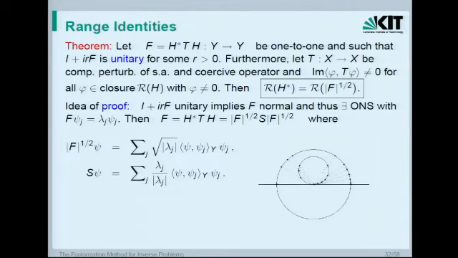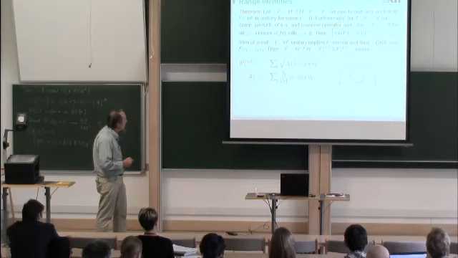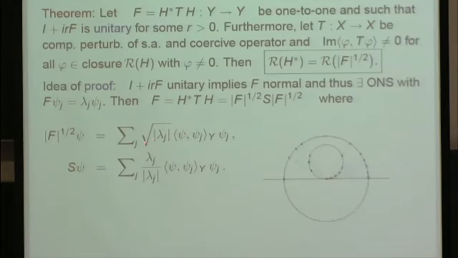Furthermore, you can write down what F is, and you can define this one, for example, by the spectral decomposition. You take the complex eigenvalues here, take the absolute value and the square root of that, and then this middle operator S is just the phase of these complex eigenvalues.